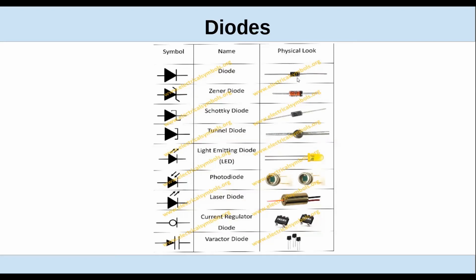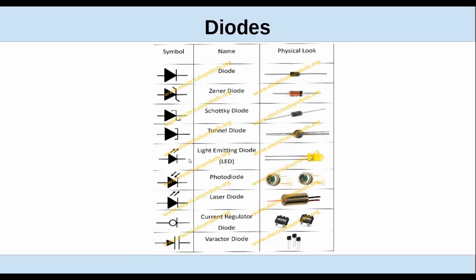On the physical device, on the second one, you can see there's a black stripe, and that's how they usually mark small diodes, with a stripe to indicate the cathode end. Some of the bigger ones tend to be bullet shaped, and the pointed end is the cathode.